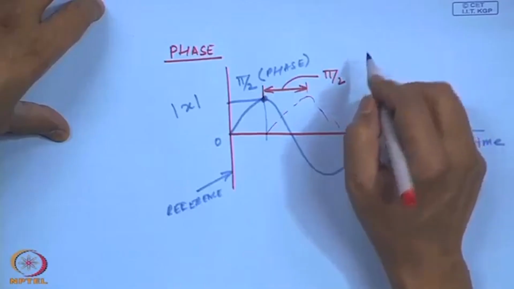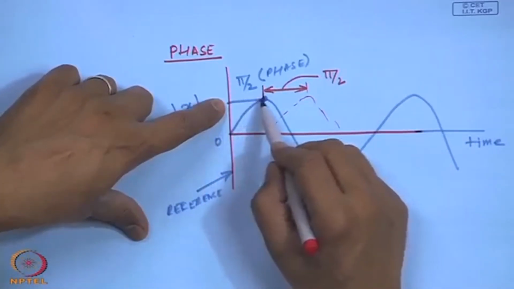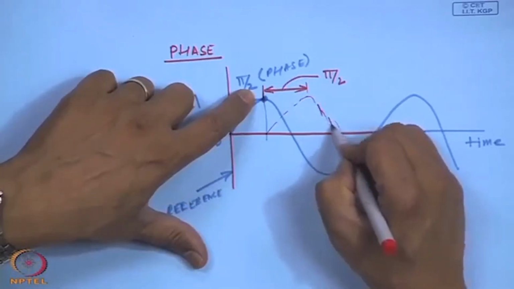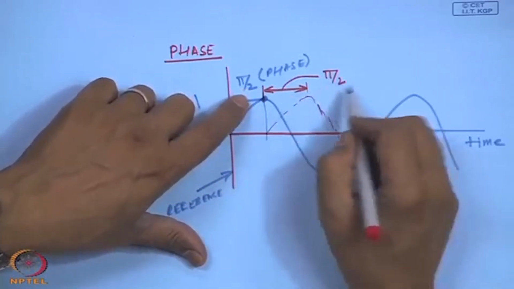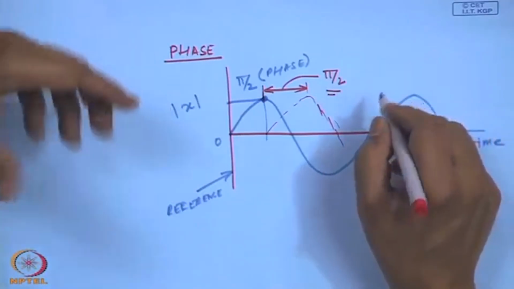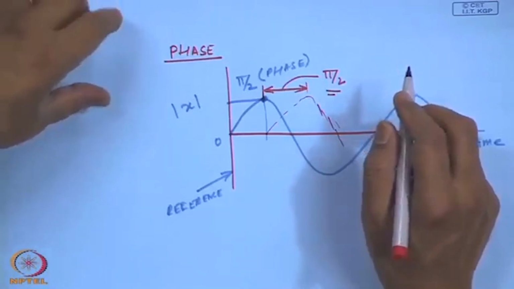Phase is always relative. So, when I said here pi by 2, this blue one, it is with reference to this plane, but between these two signals there is again a phase difference of pi by 2. So, when you do signal analysis, there is an unstable phase between signals.